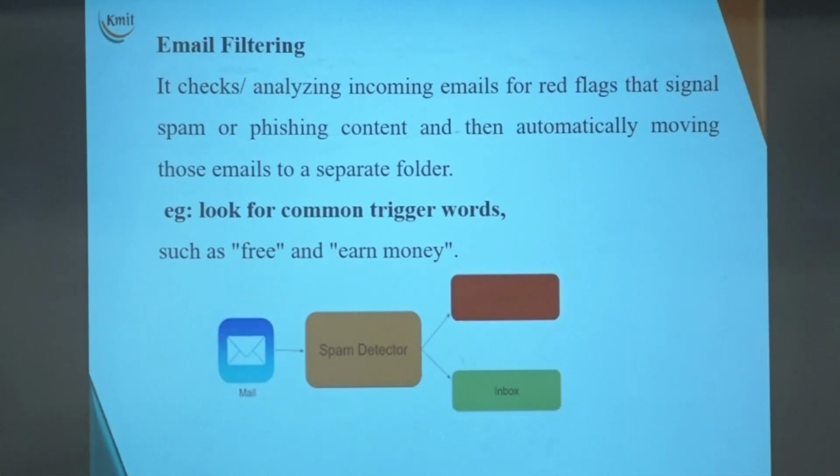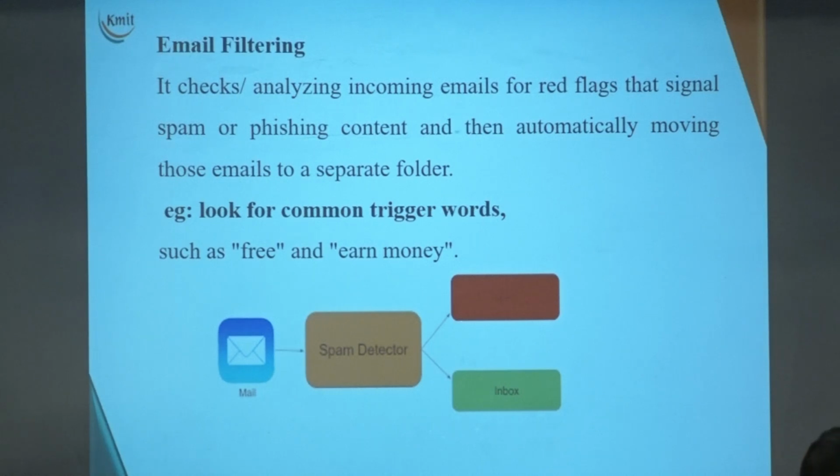Next. Many of you know this, but you don't know that it is actually a part of NLP applications. If I am waiting to receive an important email and you don't receive it, and you call your friend and he says, "Arey, spam mein check kar, spam mein check kar." Yes or not? So what is happening? All your mails are automatically classified into spam or inbox.